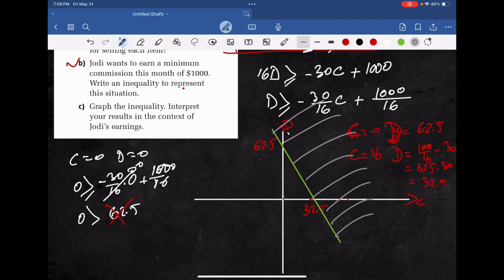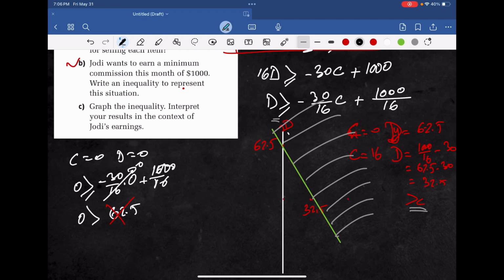Okay, now you need to be careful, because we don't need negative values here, because we will always have positive computers and we will always have positive DVDs. So we should remove this section from our graph. I also need to remove this section from the graph.